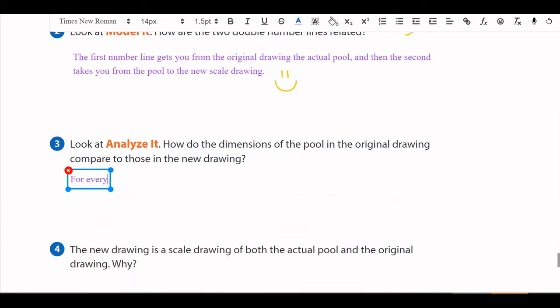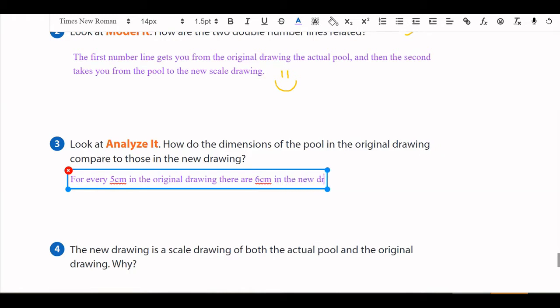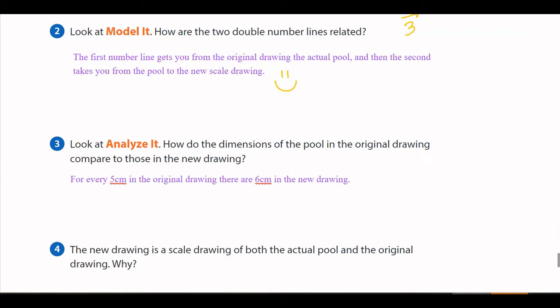For every 5 centimeters in the original drawing, there are 6 centimeters in the new drawing. Because if you recall, the ratio is 6 in the new drawing to 5 in the original. New, original.